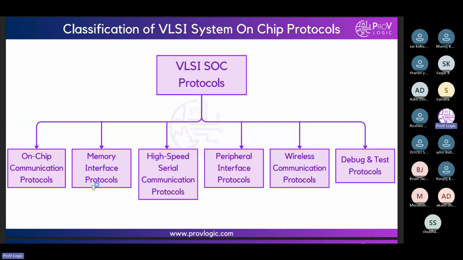And next, coming to the high speed serial communication protocols. High speed serial communication means mostly high-speed data transfer occurs across SOCs or external interfaces.